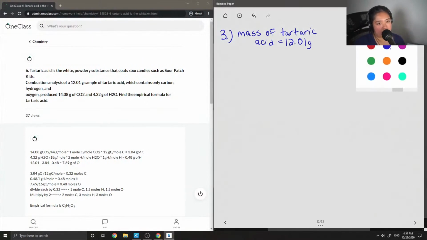And first I'm going to calculate how many grams of carbon was released after the combustion analysis. So basically, to find the mass of the carbon, let me write it as step 1.